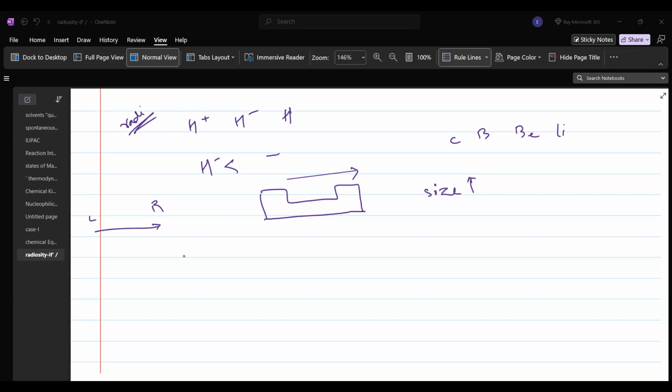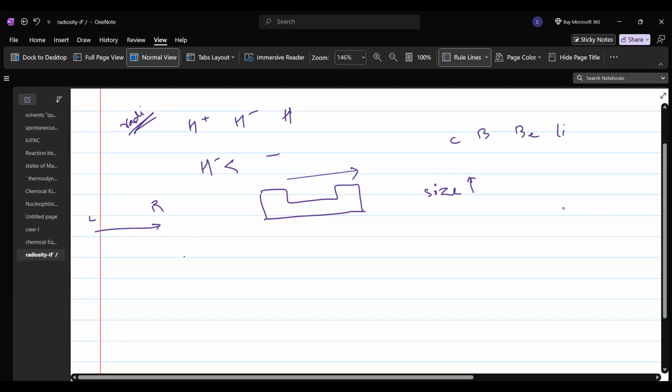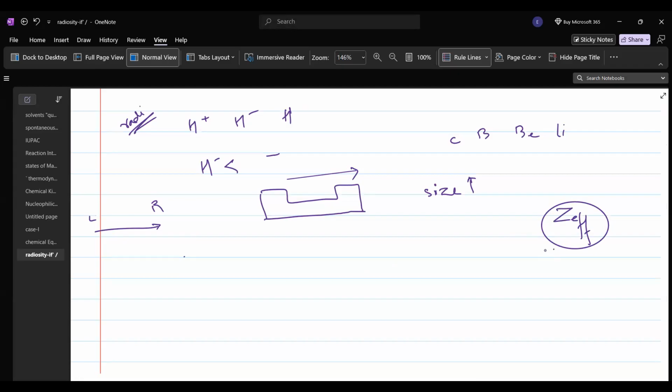to right. You understand Z effective? Sir, I forgot. Effective, shielding effect. Yes, sir. Screening effect. Yes, sir. So can you tell me what it is?